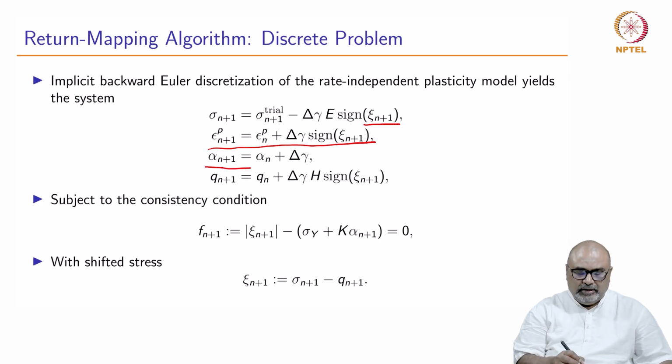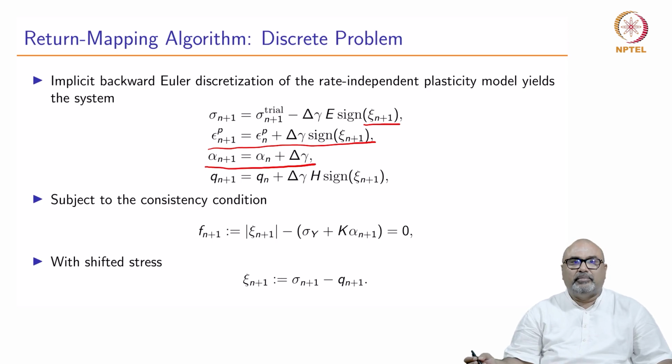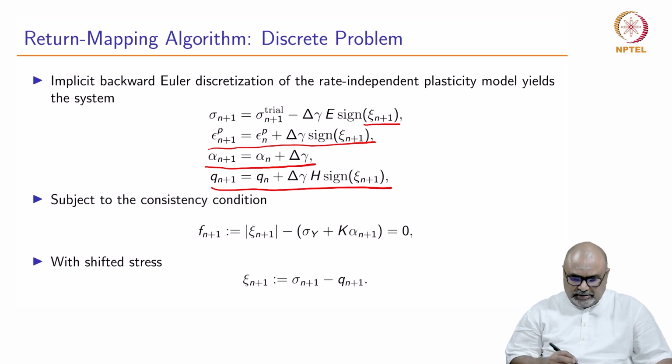Alpha n plus 1 is equal to alpha n plus delta gamma, and q n plus 1 is equal to q n plus delta gamma h sign of xi n plus 1. Subjected to the consistency condition that f n plus 1 is equal to 0, we say that xi n plus 1 minus (sigma y plus k alpha n plus 1) must be equal to 0. The shifted stress xi n plus 1 is defined as sigma n plus 1 minus q n plus 1.